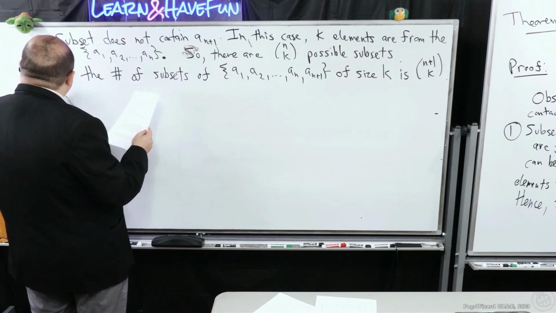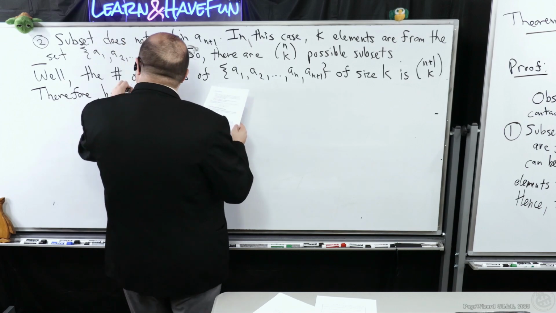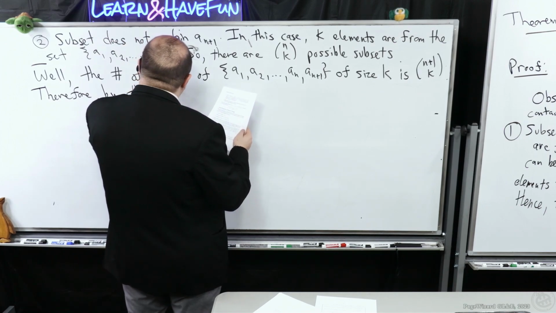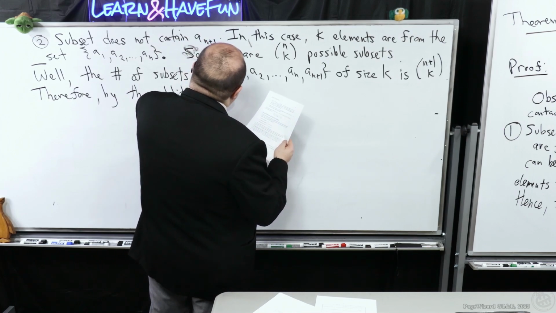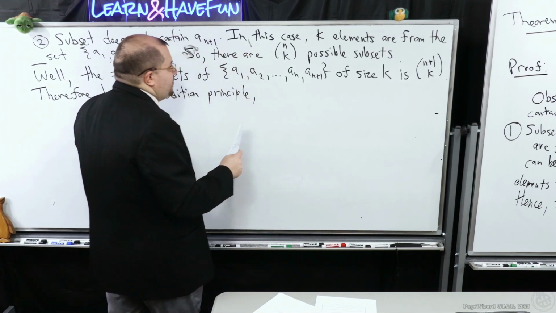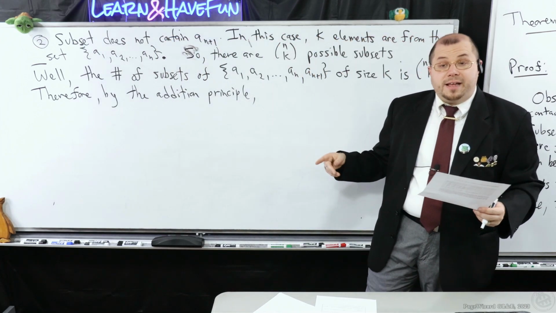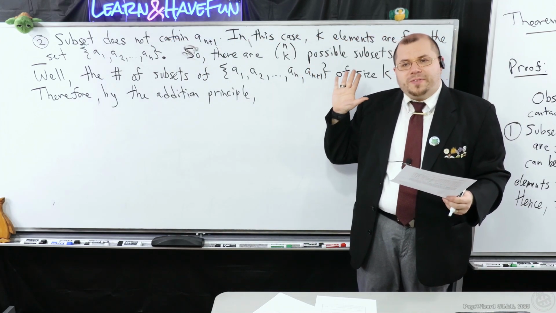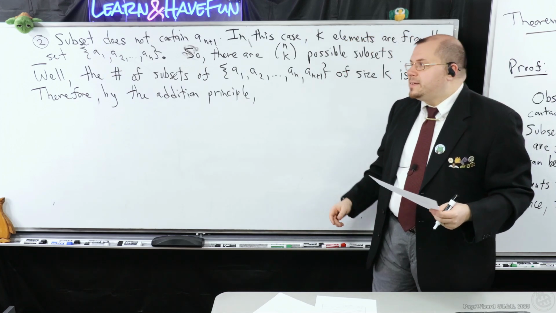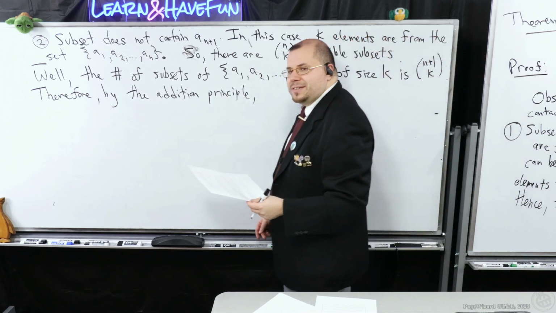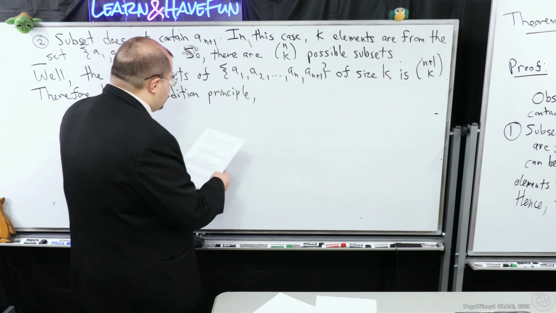Therefore, by the addition principle, remember, we have the subsets that contain AN plus 1 and the subsets that do not contain AN plus 1. We figured out how many of those there are. That's all the possible subsets, right? All the subsets of size k from the n plus 1 elements.